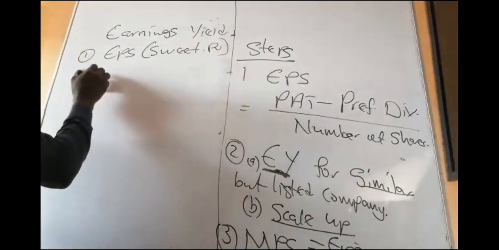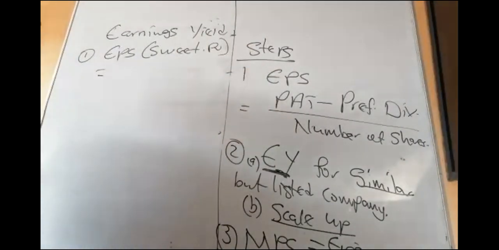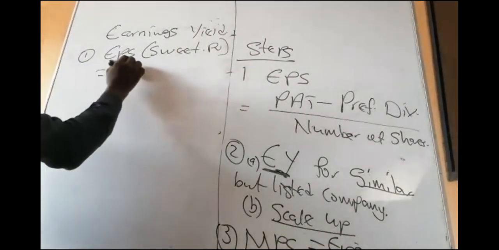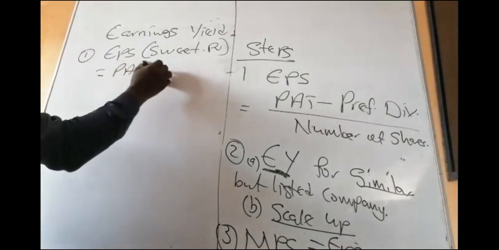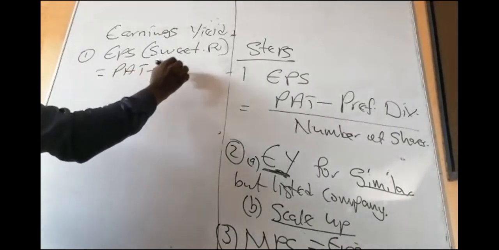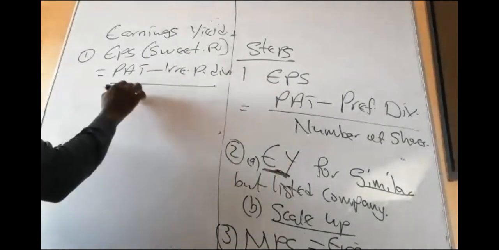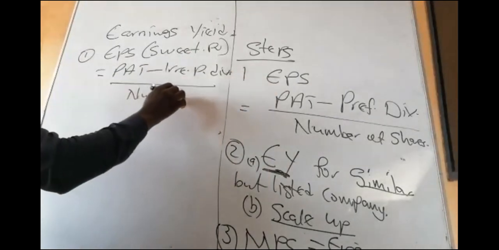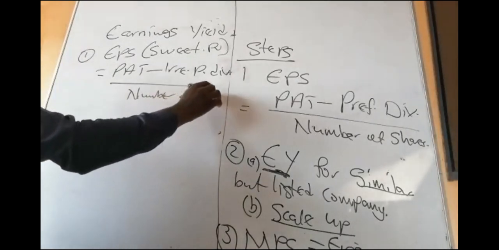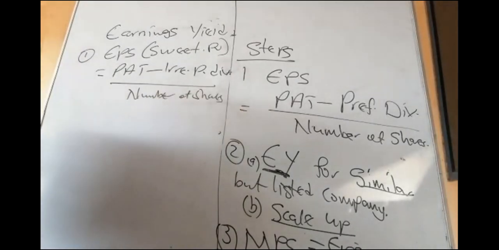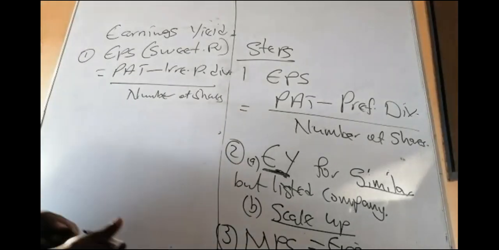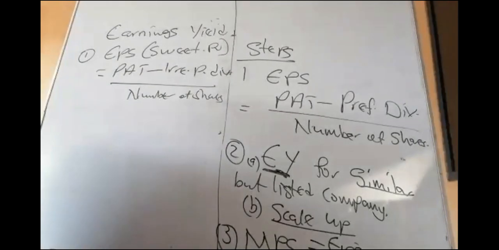Earnings per share for Sweet Potato is equal to the profit after tax minus irredeemable preference dividend, all divided by the number of shares. Good. All divided by number of shares. Okay.